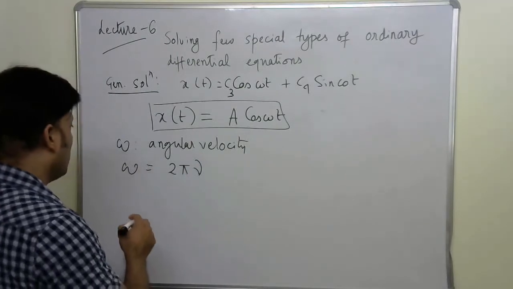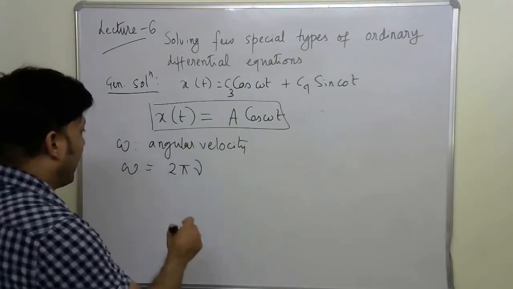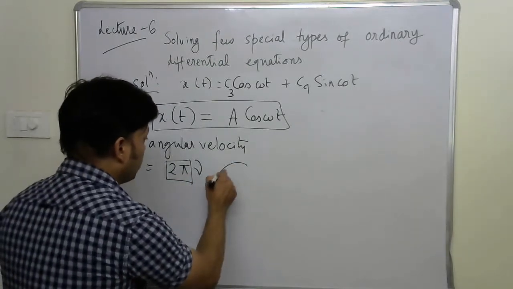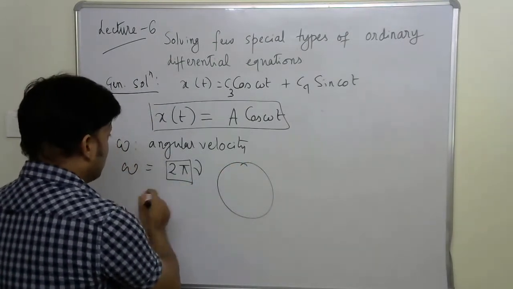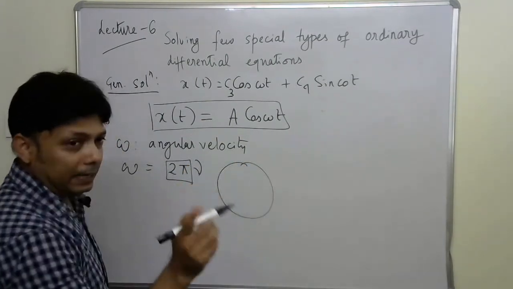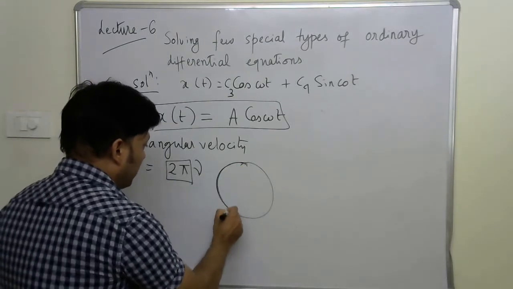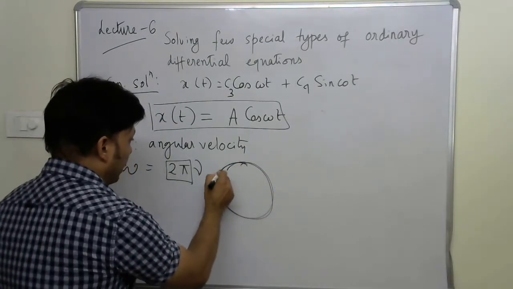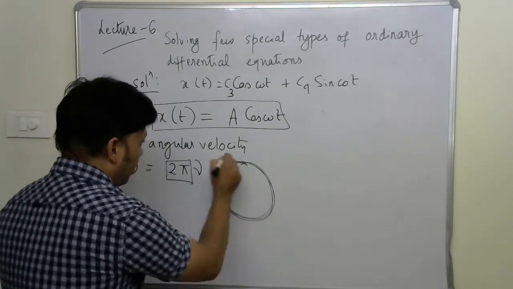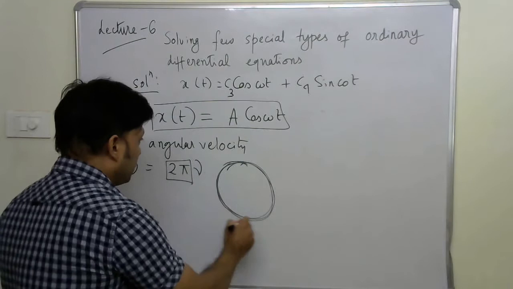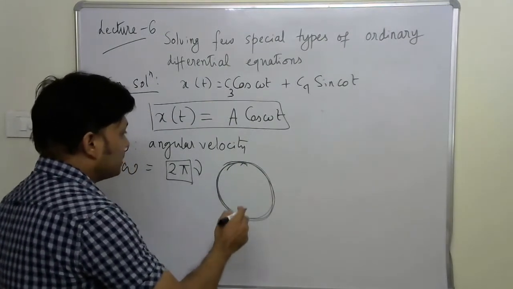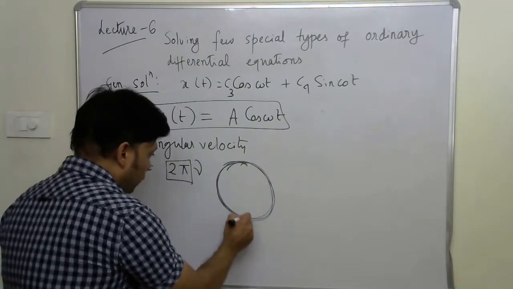So omega is equal to 2 pi nu, where nu is the frequency. How is omega defined like that? 2 pi expressed in radians means a full circle. So omega means the number of times per second something completes a total cycle, a revolution containing the complete angle 2 pi.